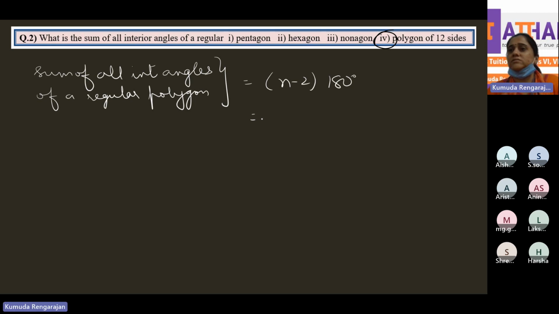So that is 12 minus 2 into 180 degrees, which is 10 into 180, which is 1800 degrees.